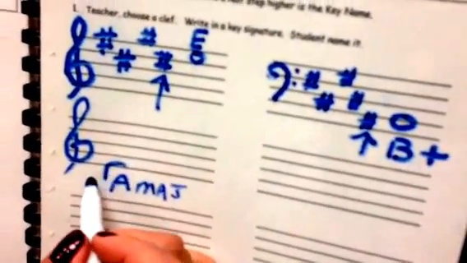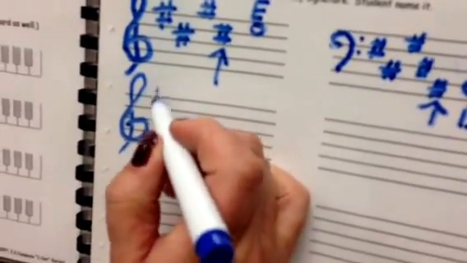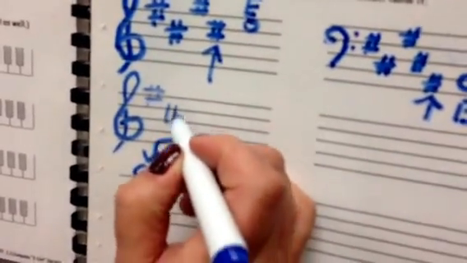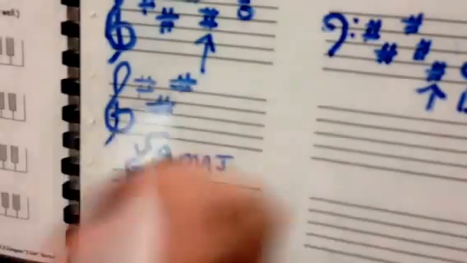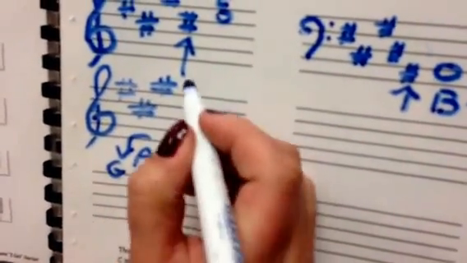What comes before A in the alphabet? G. So we say, Father Charles goes. Stop. So the key signature would be Father Charles goes. Stop. Okay, because if you see Father Charles goes, what comes after G? A.